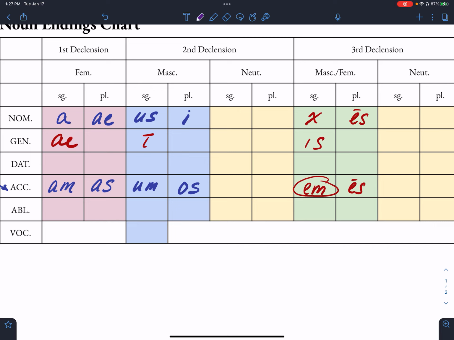The vocative is the same as the nominative, except for one instance and only one. And that's right here. I'll say that one more time. The vocative and the nominative are the same, except for this spot right here. In that particular spot, you're going to write the letter E. So Cornelia in the nominative would be what in the vocative?